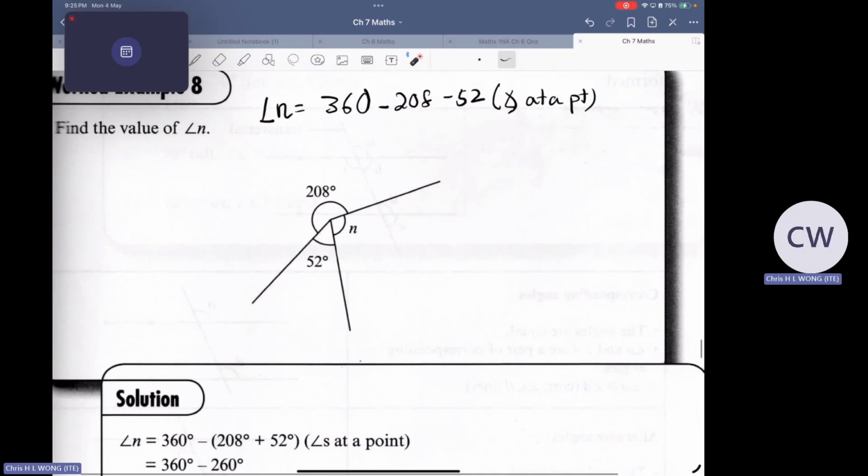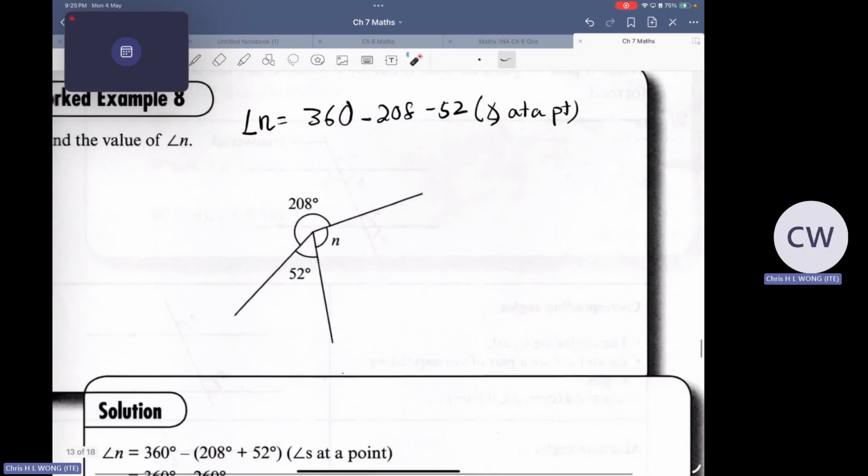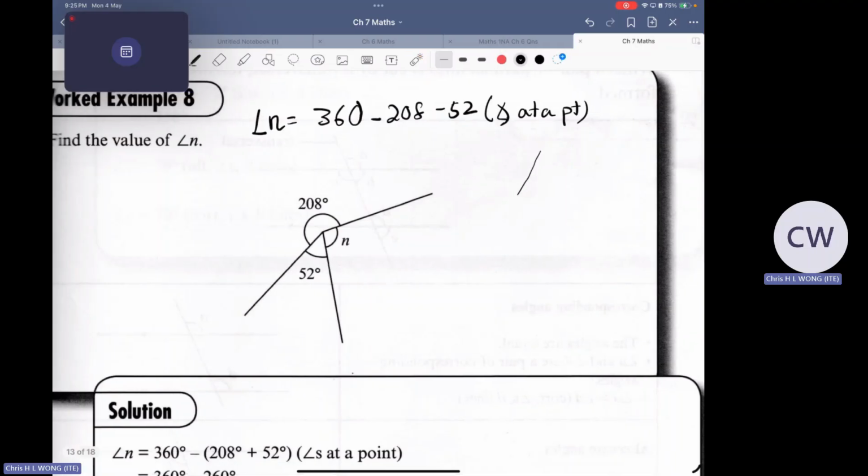Sometimes, just to add on, if I draw a line for you, you'll face it. Let's say this is A, B, C, and I draw a center line.